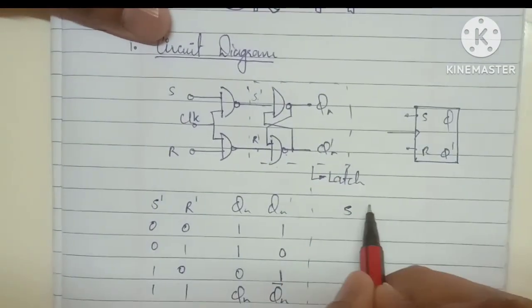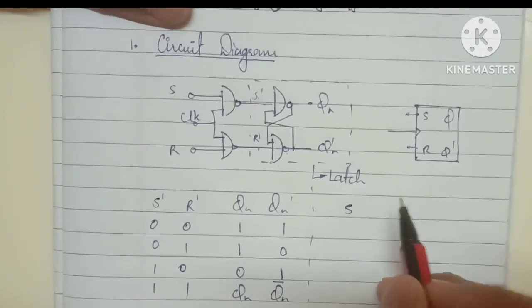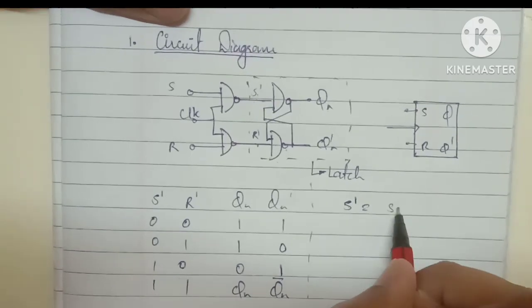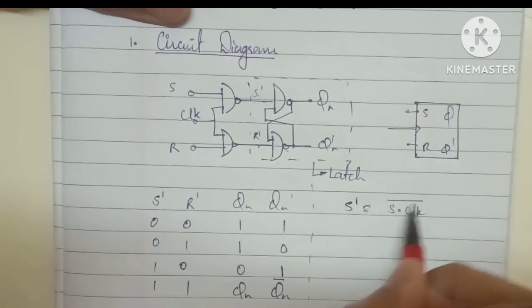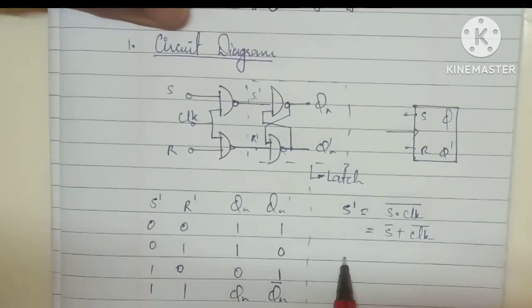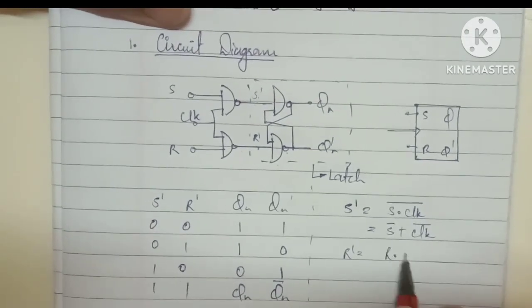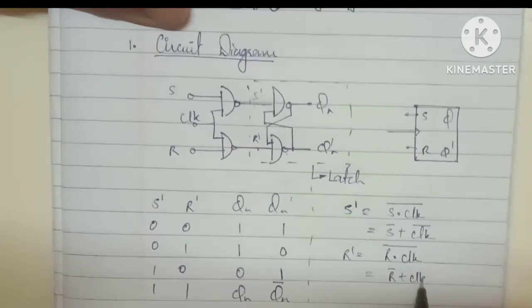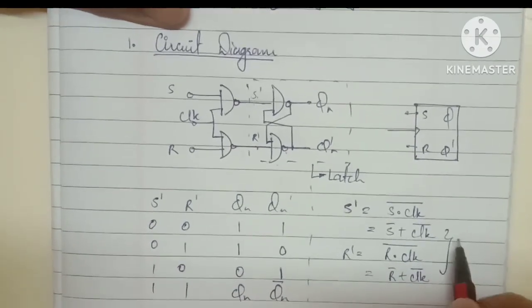The latch part is done. Now the truth table of the flip-flop will be done. We are finding the relation for S dash. S dash is the NAND of S and clock, so by De Morgan's law, S bar plus clock bar. R dash is R bar plus clock bar. This is by De Morgan's law.